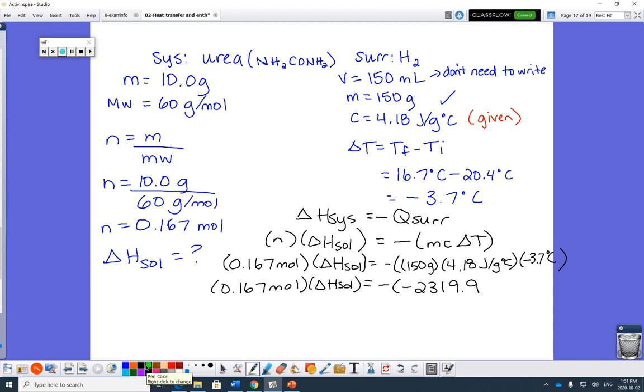If you are a dimensional analysis kind of person, grams cancel, degrees Celsius cancels, so you're left with joules. To get rid of the 0.167 moles, you divide.